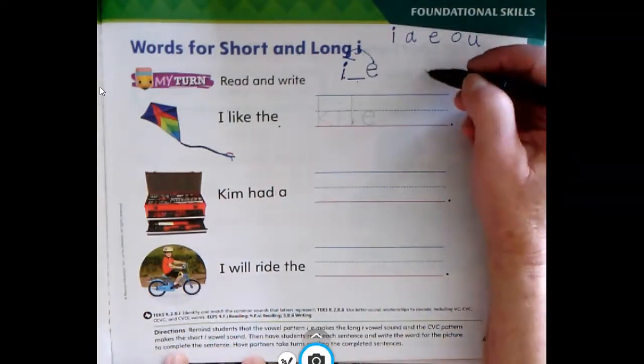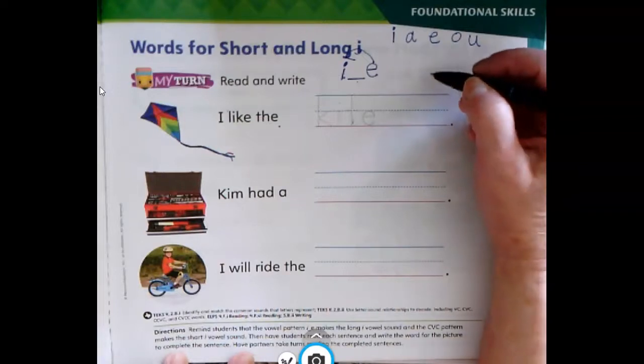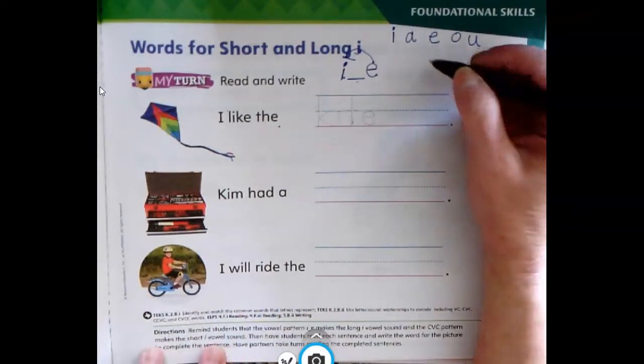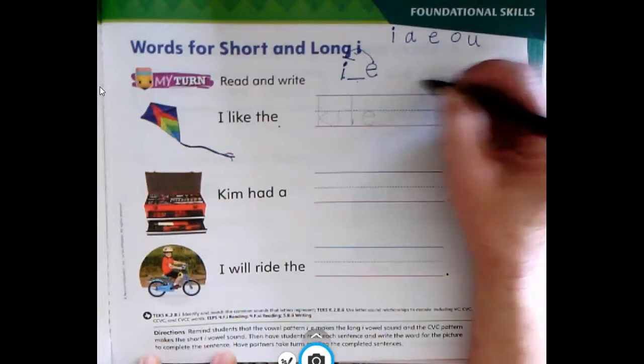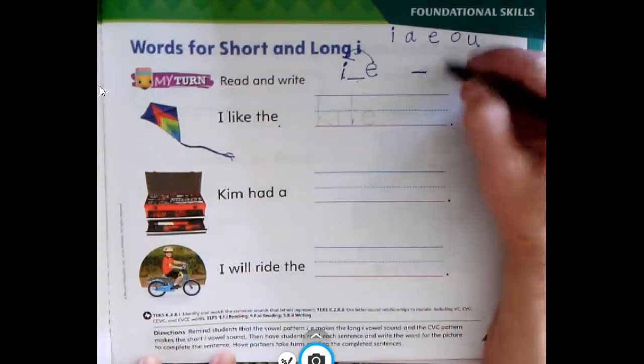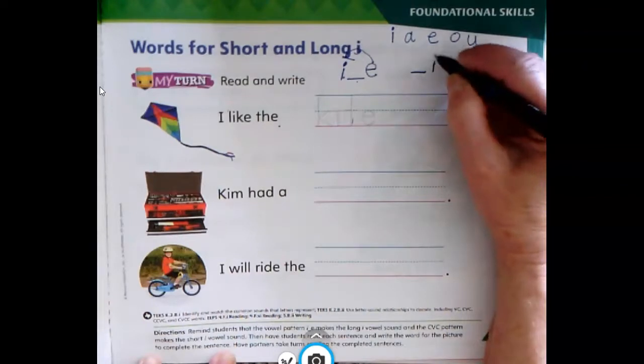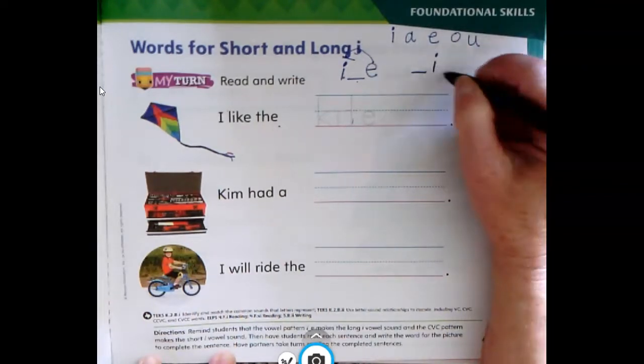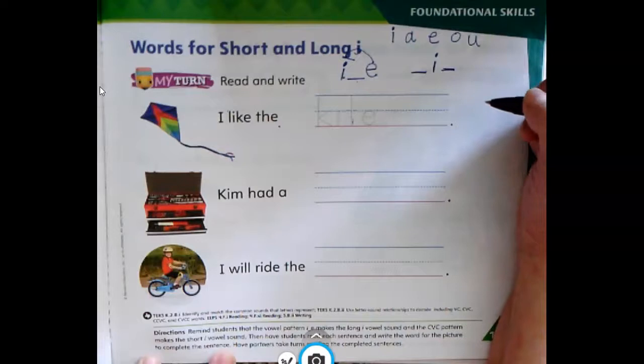The other pattern we've been practicing is called the consonant vowel consonant pattern, where we have any consonant letter, a vowel, and we'll use I, and then another consonant.